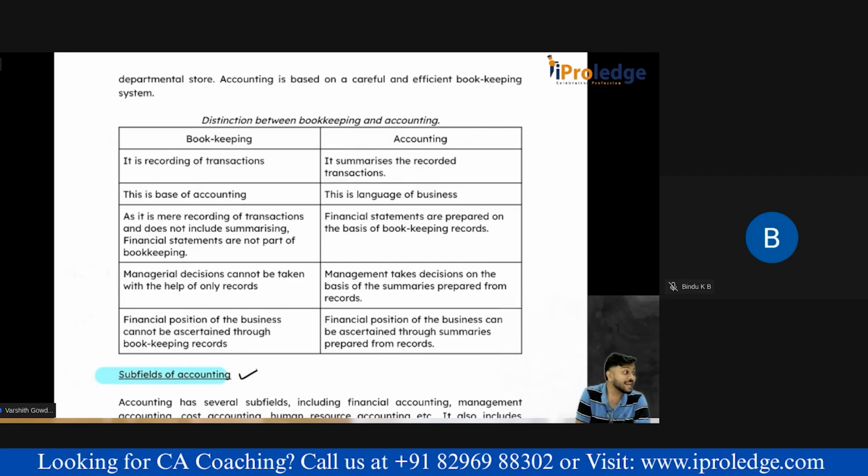That's why it's called the language of the business. Next, can managerial decisions be taken with the help of bookkeeping? No. Bookkeeping is only recording. Some 20 books will be there where you have recorded the transactions. Now, if a CEO comes, will he see all the 20 books one by one and then take decisions?